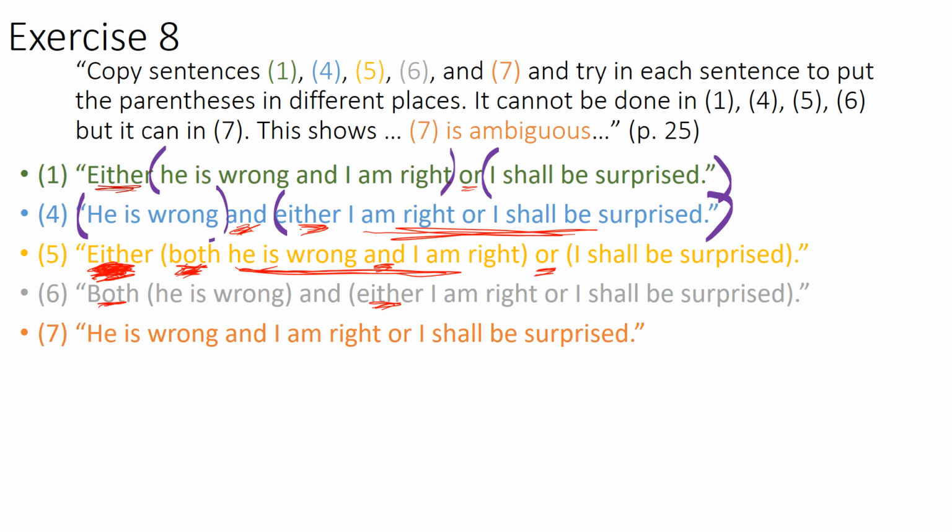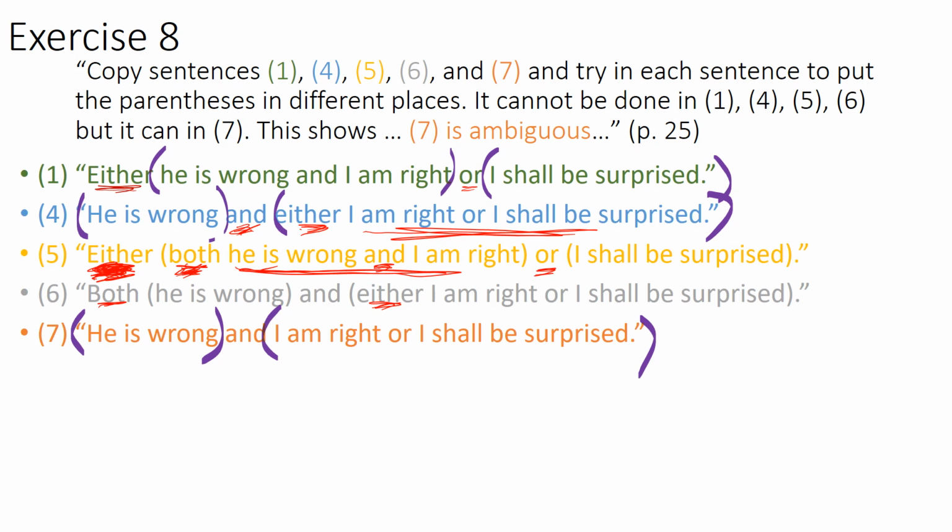So on the one hand, we can say, how about, he is wrong, in parentheses, I am right, or I shall be surprised, in parentheses. Does that make sense as a possibility? Is there anything that says that's just wrong? And nothing says it's wrong. There's no helpful words to give us a guide to say is that correct or incorrect, right?